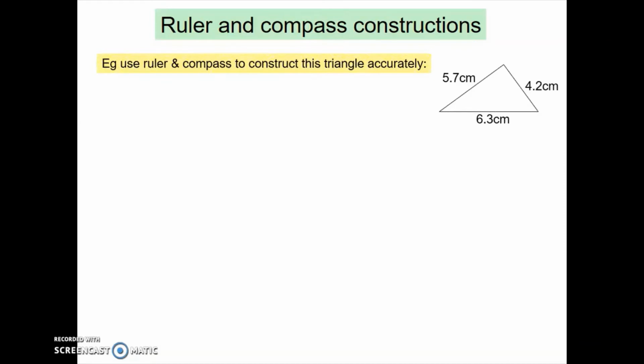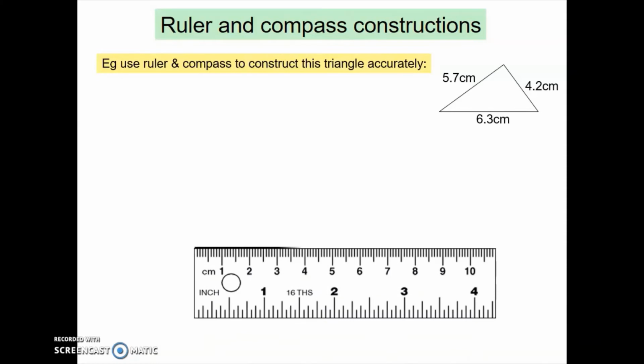Okay, so we can extend that method to just draw triangles which aren't equilateral. So I'm going to use a very similar method. I'm going to draw my base of 6.3 centimeters, and then I'm going to open my compass 5.7 centimeters and place the point of the compass here.